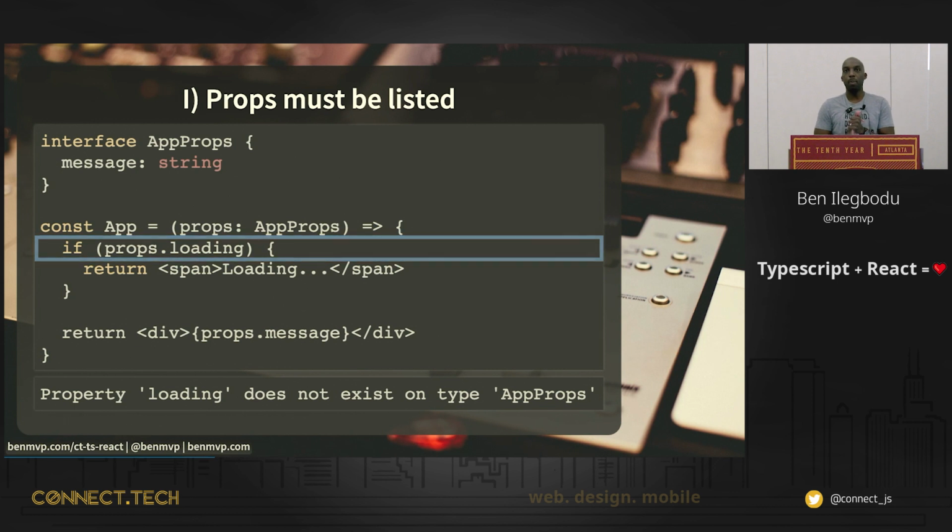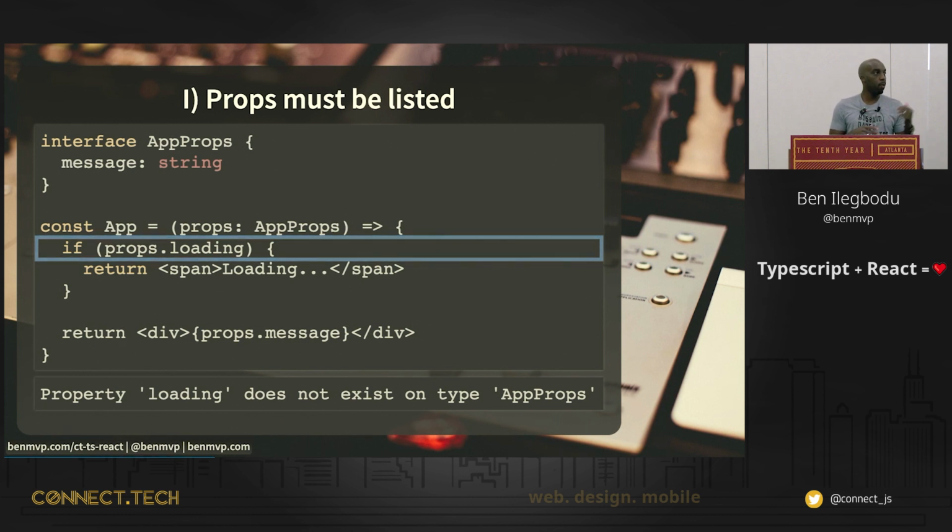So with TypeScript, props cannot be used in the component without being defined first, right? How many times, as a React developer, have you gone in, saw a component, and it's using some props that you never saw defined? It's like all of a sudden, we have props.loading, but where was that defined? Is that a Boolean? Is that something else, a string?